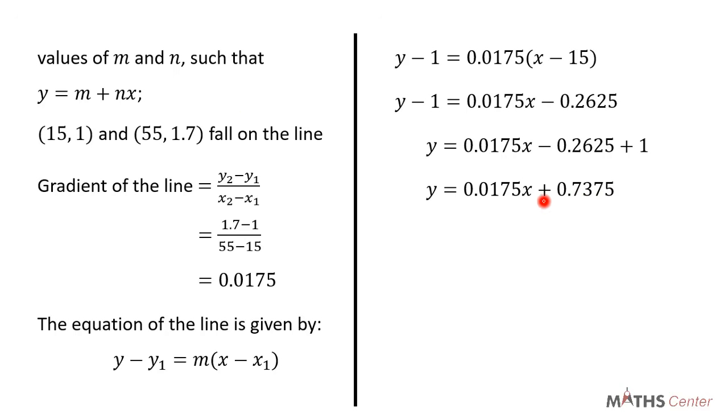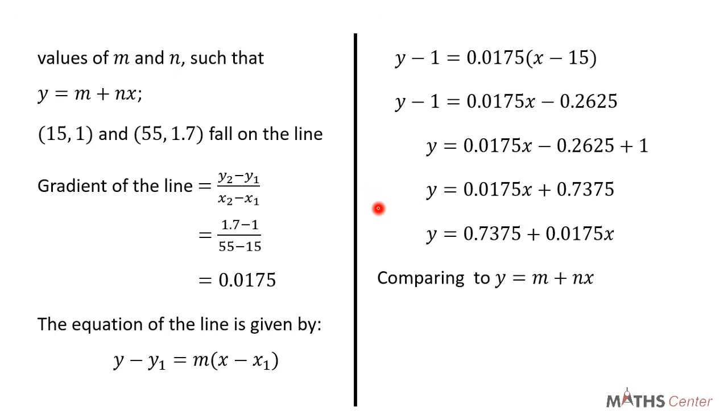The equation given to us in the question is y is equal to m plus nx. So here the constant comes first and then the term with x is second, and so let's arrange ours like that too. When we do that, this is going to be y is equal to, so the constant 0.7375 will be first, then plus the term with x will be second, 0.0175x.